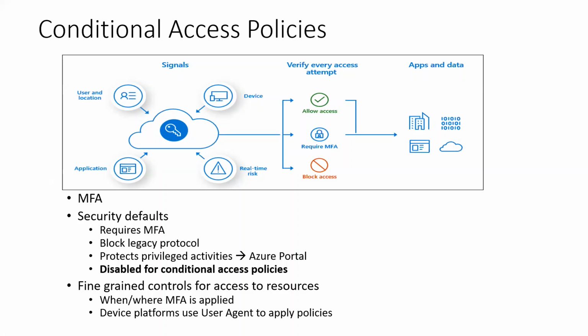Actually, the security defaults, if you configure them, require MFA, block legacy protocols, and protect privileged activities. So this is another thing: if you implement conditional access policies, all these defaults get disabled, and you have to make sure that you have conditional access policies in place for MFA and things like that. So just some of the things about it.